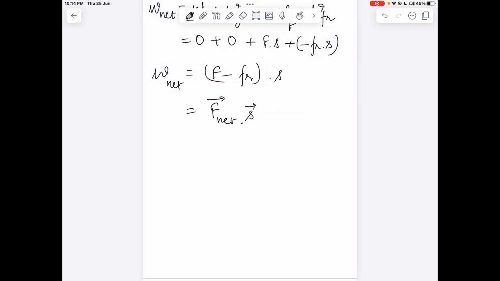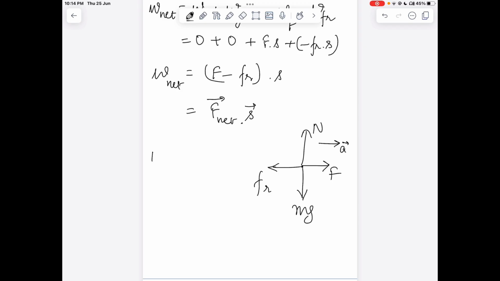Because if you consider the free body diagram of this particle, you have mg in this direction, the normal force, the F force in this direction, and the friction force in this direction. Of course, we assume the body has acceleration in this direction.